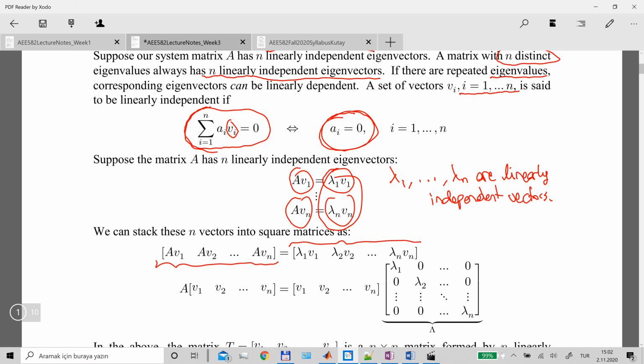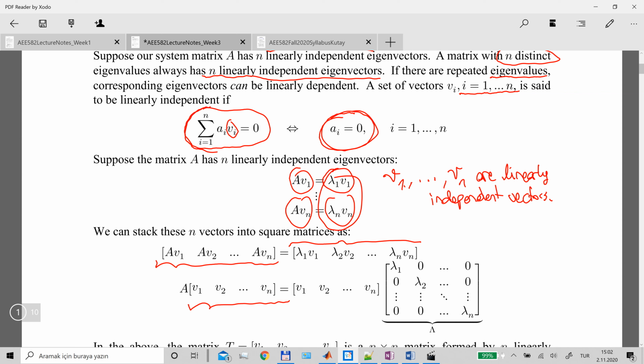Then on the left you can take this A matrix out of the parentheses, and the left hand side becomes A times the matrix which is formed by n eigenvectors. I'm sorry, by the way, I made a mistake here, so these should have been v1 through vn. So the eigenvectors are shown with letter v, and lambda just represents the eigenvalues.